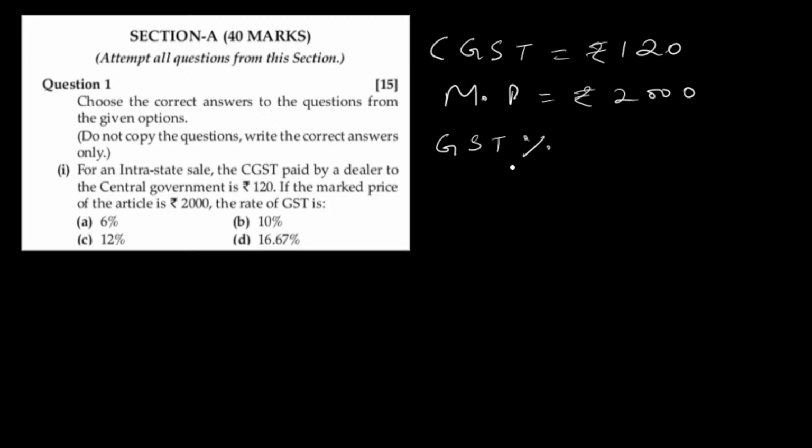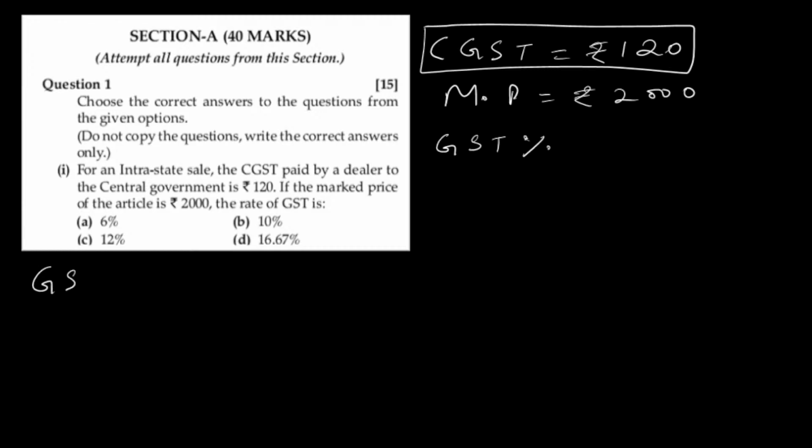So normally we know GST is applicable on the marked price in case there is no discount. Only CGST is given to us. If CGST is given to us, GST we can find because we know GST is equal to CGST plus SGST.